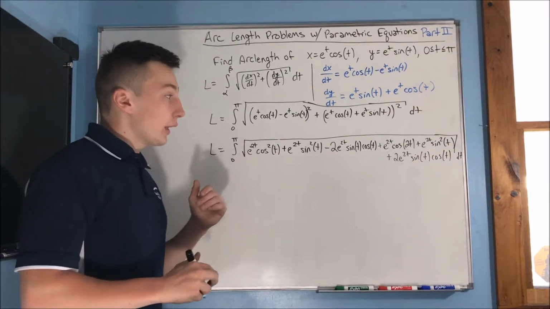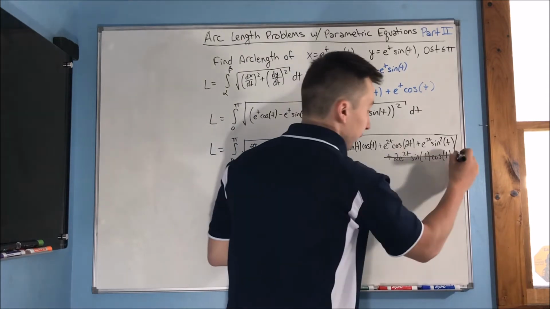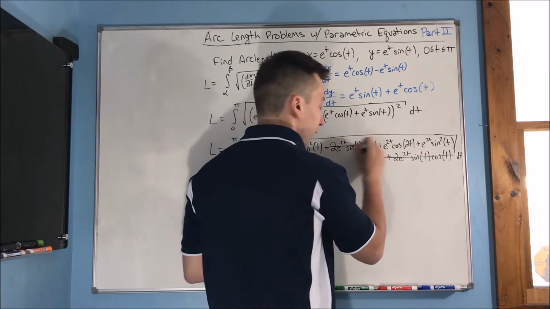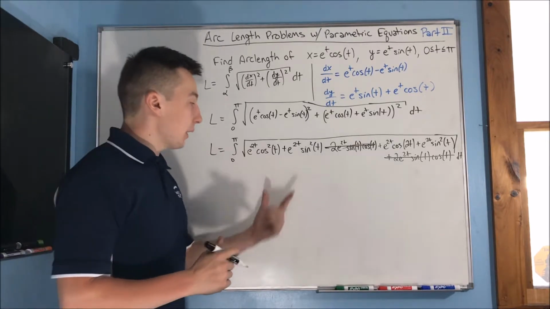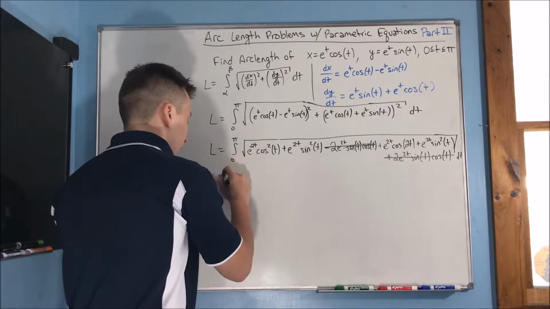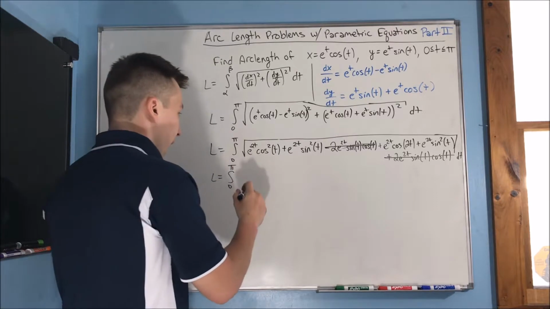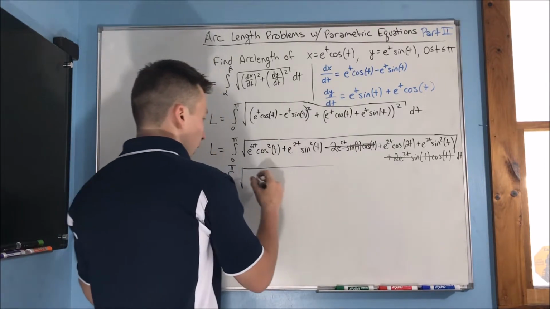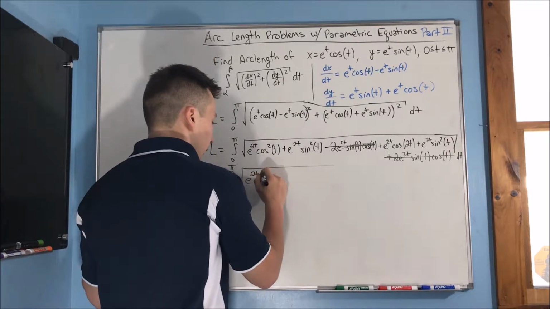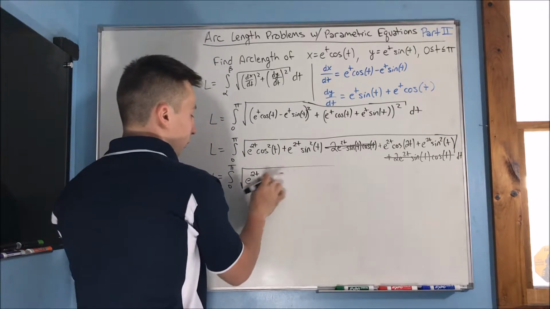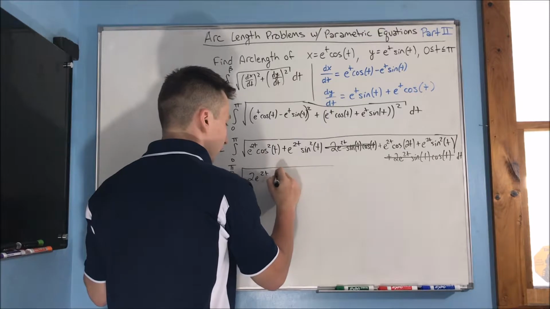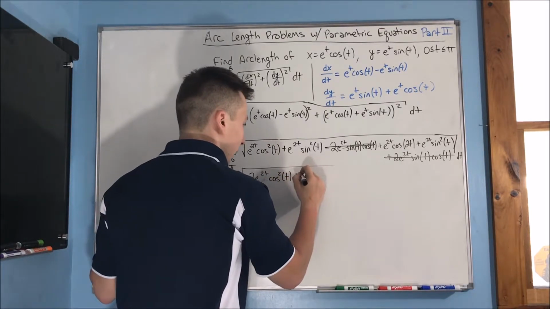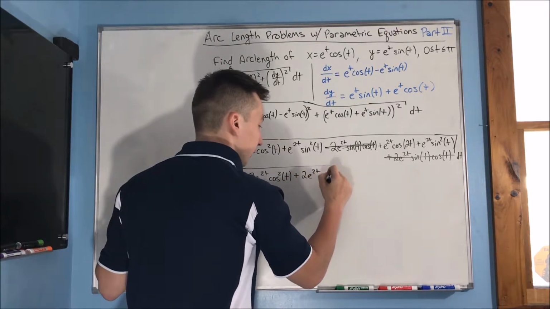What you're immediately going to notice here is that these big middle terms go away, and now we're left with something actually fairly easy. We can just combine like terms here. We get 2e to the 2t cosine squared t plus 2e to the 2t sine squared t.